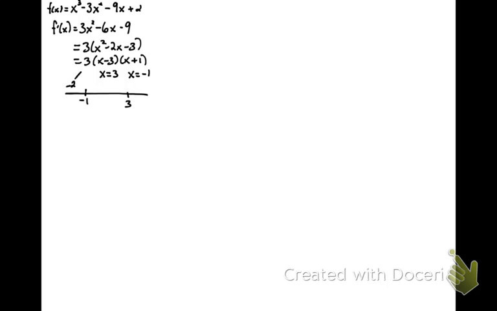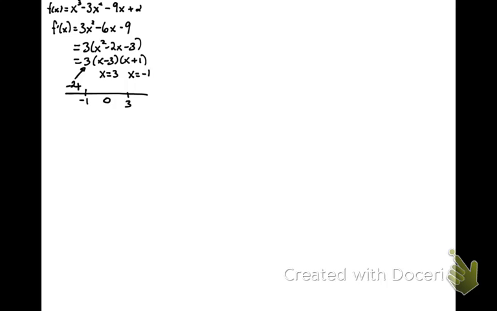When I plug negative 2 into the derivative, I get 3 times negative 5 times negative 1, which results in a positive number. So I know that to the left of negative 1, I will always get a positive number. Between negative 1 and 3, I'm going to test 0.